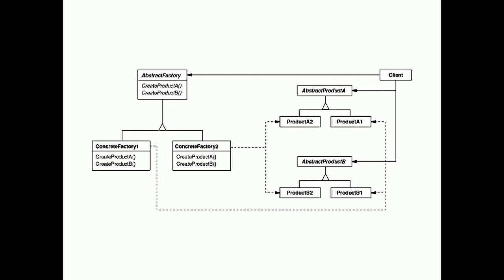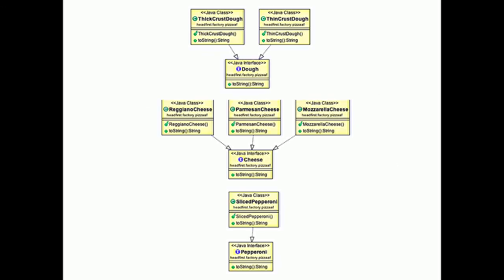In our case, we will have ingredients pertaining to Chicago or New York style pizzas, and our products will be cheese, sauce, dough, etc. So these are then examples of our ingredients. Dough, being an interface here, is implemented by the thick crust dough and thin crust dough classes.